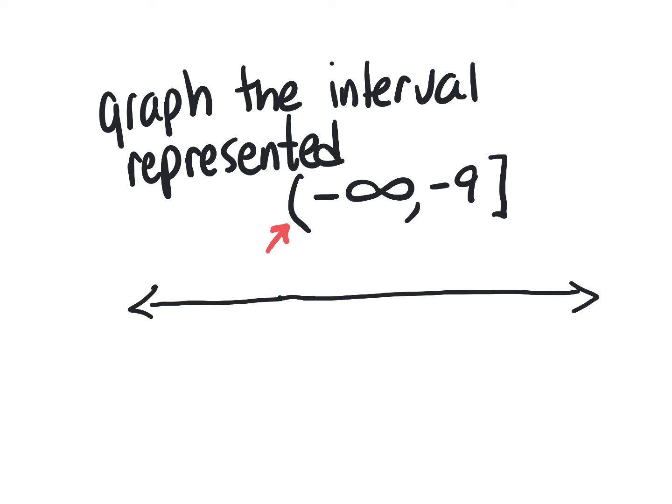But on the top part, we want to include -9. So that's what that square bracket means. It means we include it, so that means we have a solid circle. So it starts at -9, it gets a solid circle, and it goes all the way down to -infinity.